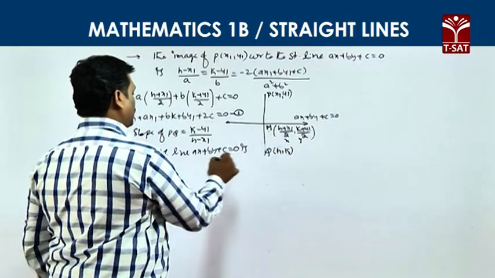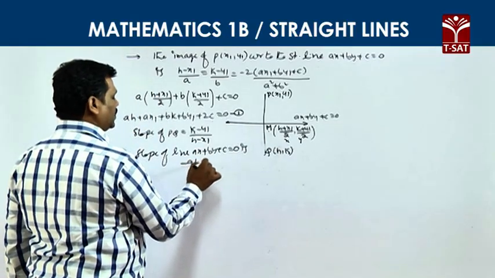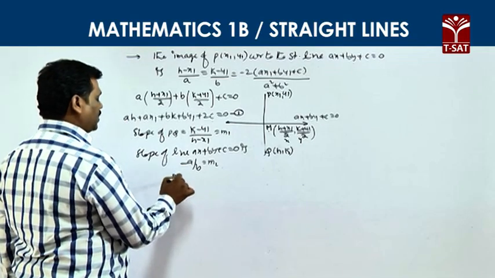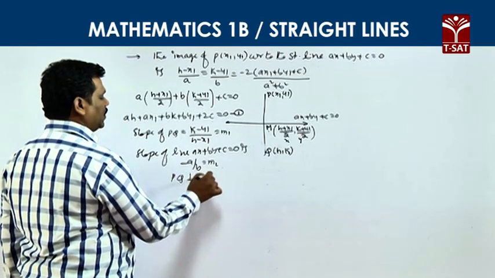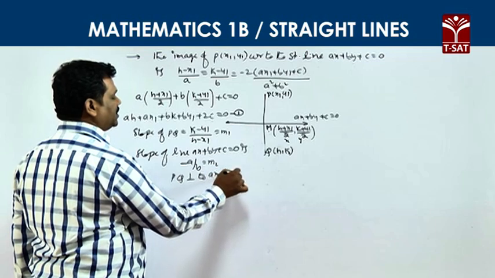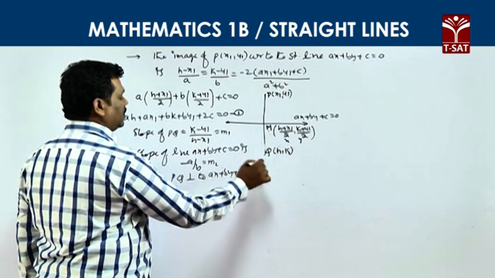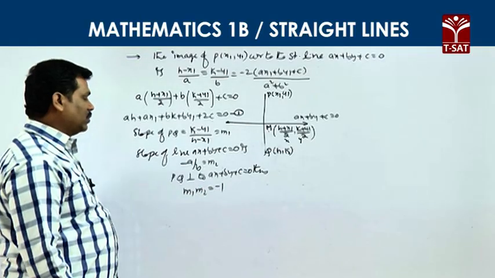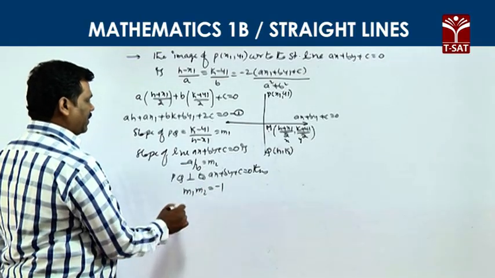This is m2 and this is m1. Since PQ is perpendicular to ax + by + c = 0, the condition is m1 m2 = -1. The product of slopes is -1 when two lines are perpendicular.